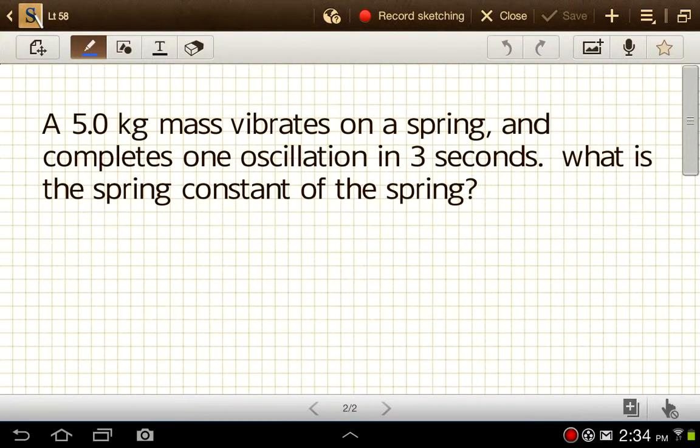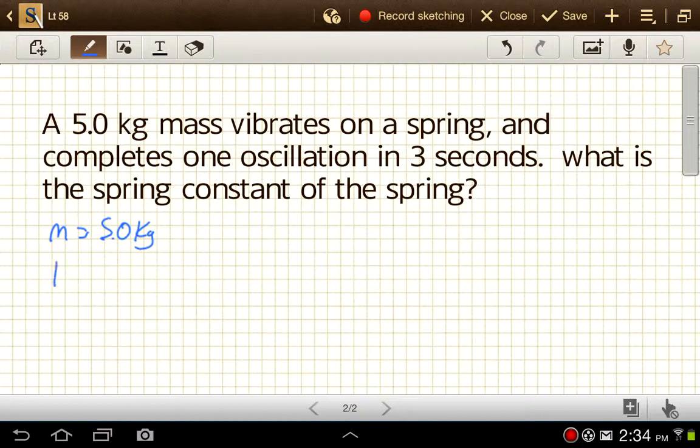So, using that equation, let's figure out what the spring constant for this system would be. Here we have our mass is 5.0 kilograms. It completes one oscillation in 3 seconds.